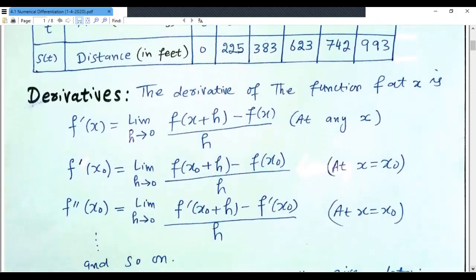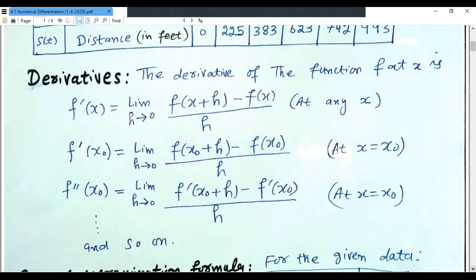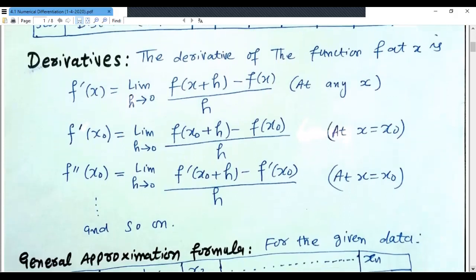Now, the derivative of a function f at any number x is the limit as h approaches 0 of f of x plus h minus f of x, divided by h. This is the derivative at any x.